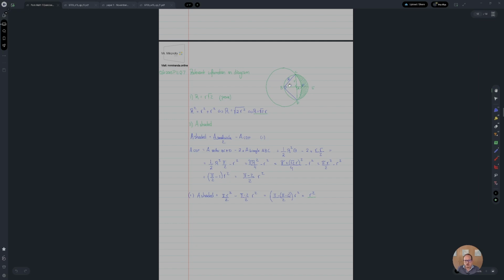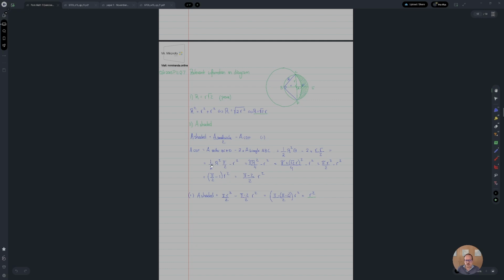You know that because if this length over here is the same as this length over here for this smaller triangle, then it means that this angle from here to here is pi over 4. It's 45 degrees, right? So if this is 45 degrees as well, the whole thing is going to be 90 degrees or pi over 2. All right? So that's where this pi over 2 comes from.